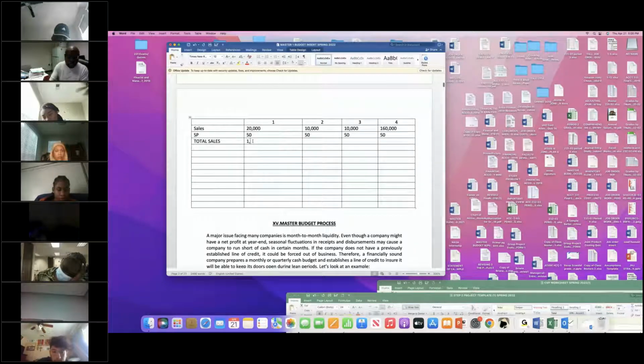We had our cash on hand that we started with was 100,000. So the cash we have available is 1,100,000.